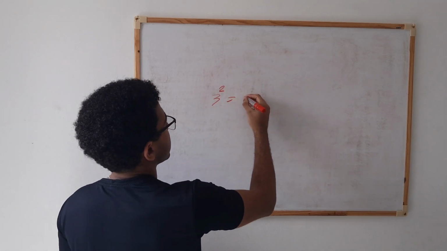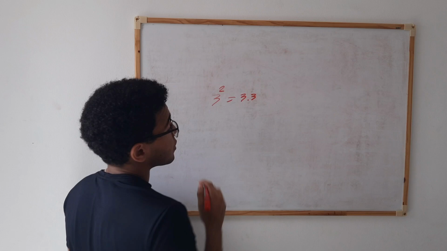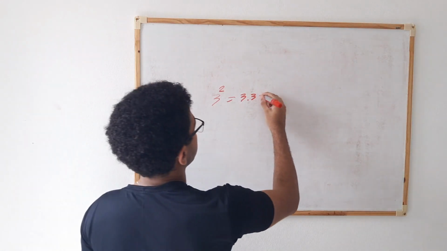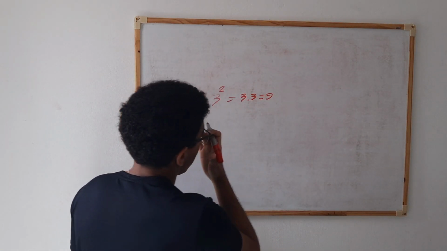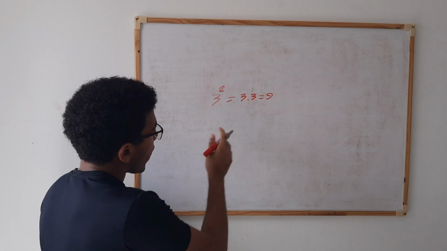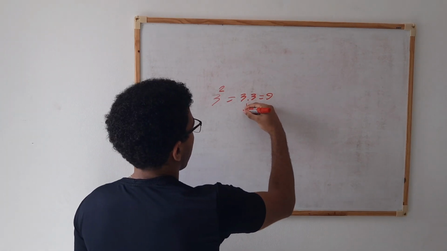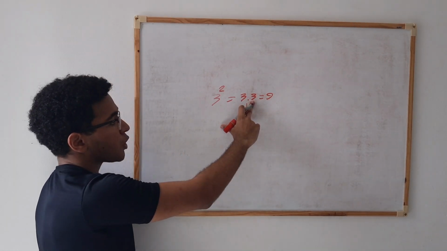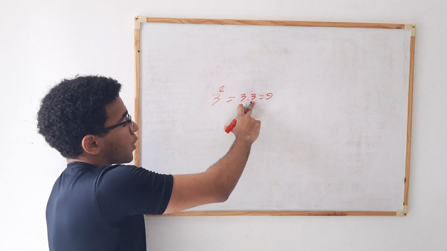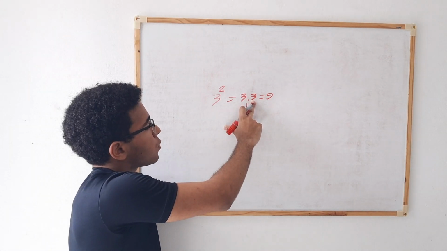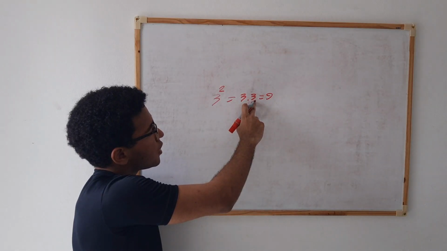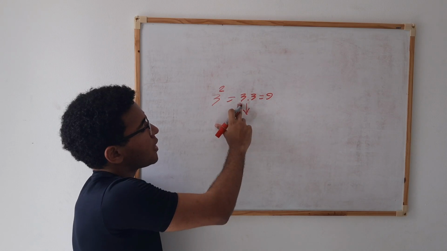We know that this is equal to 3 times 3, right? Which is equal to 9. Now, we have seen that what we are doing in multiplication is adding this number to itself this many times.